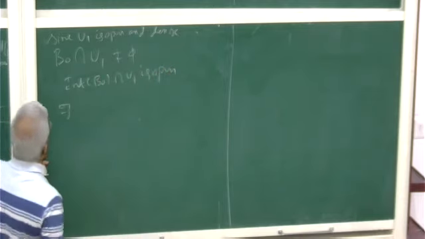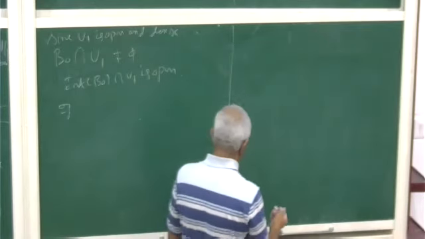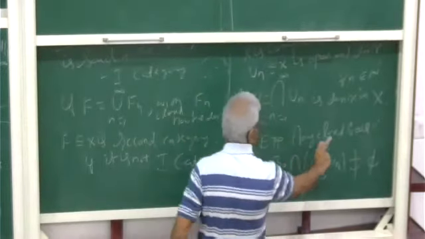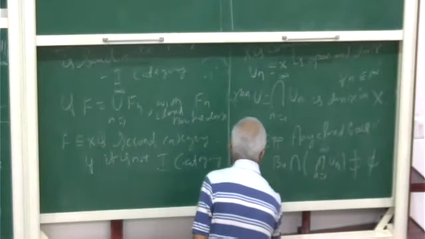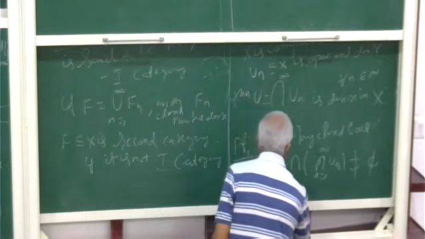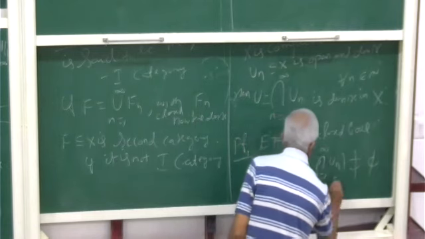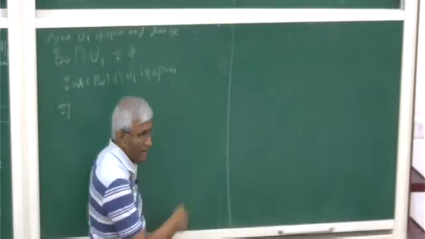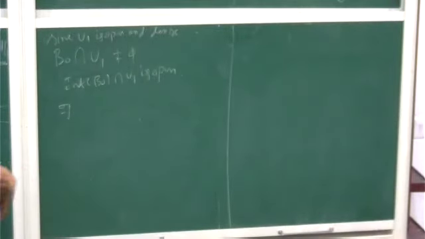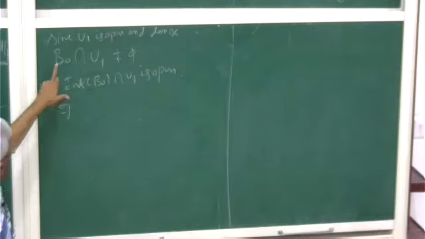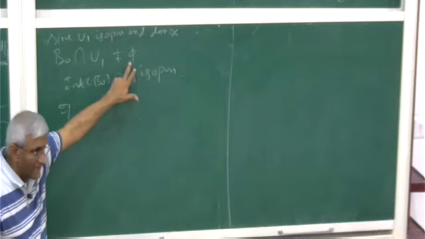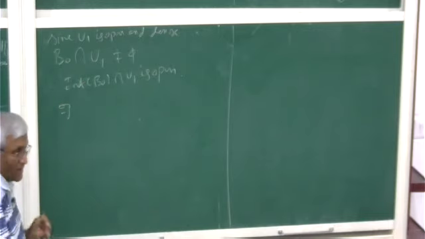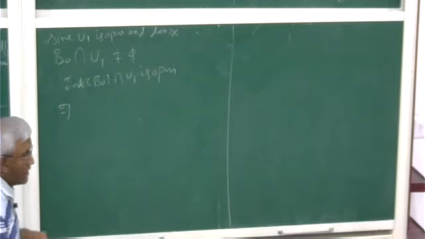Let's assume I take this B naught with radius delta. For any closed ball, let B naught have some radius; you call it delta, R or epsilon, whatever you like. So B naught intersection U1 is open and should contain another ball.